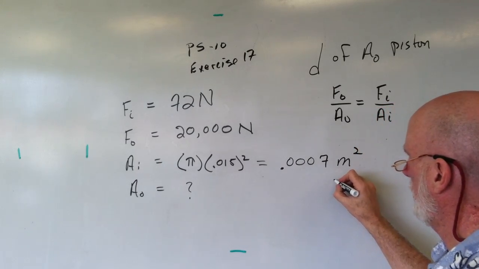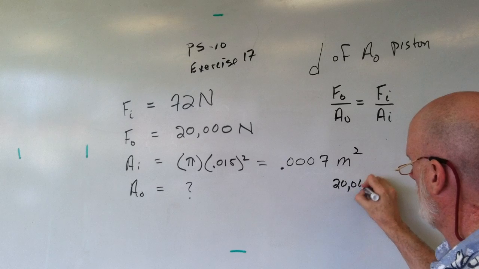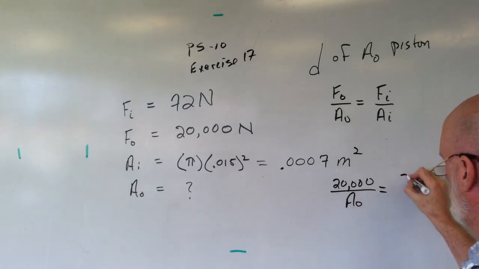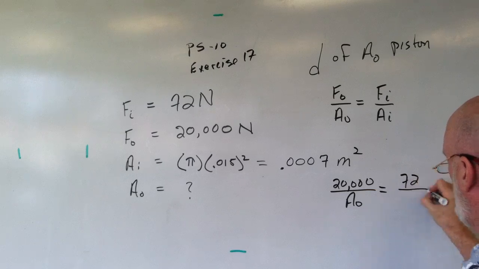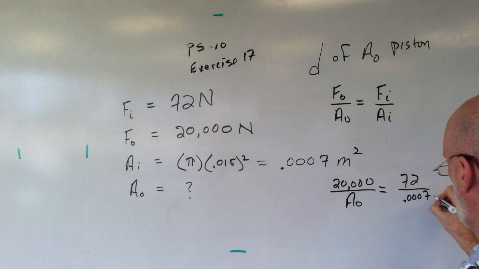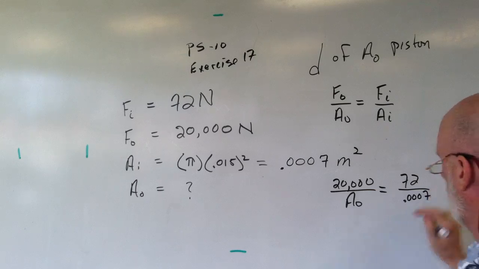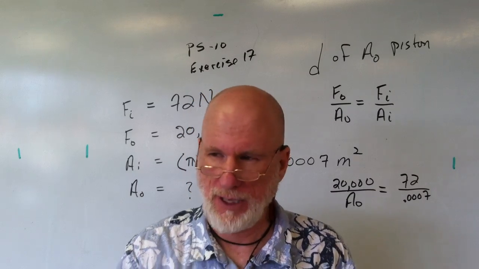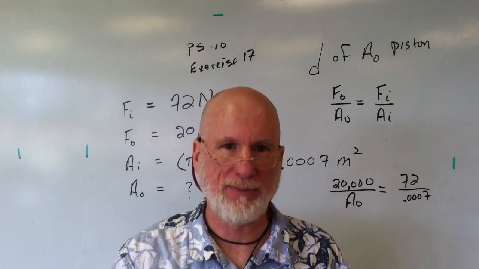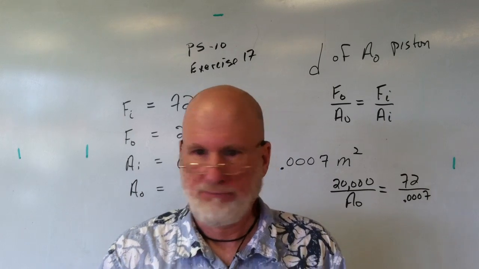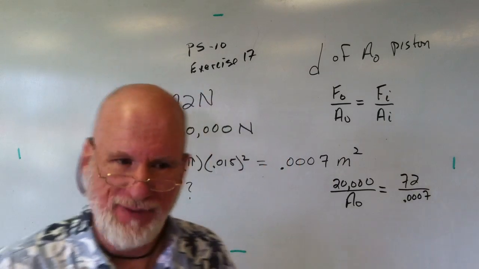So that's going to be 20,000 over AO equals 72 over 0.0007, right? I left off the unit labels. Is that okay? They're terrible with unit labels, but we're trying. Anybody have it?